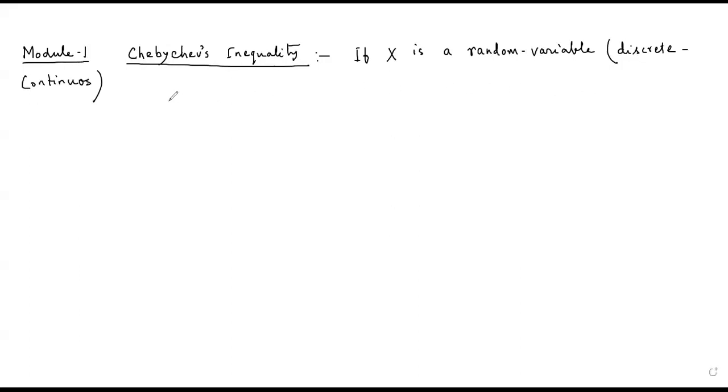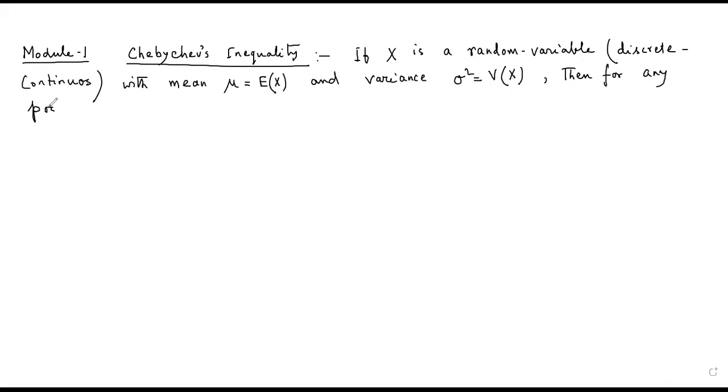So if X is a random variable, discrete or continuous, with mean mu, which we actually denote by expectation of capital X, and variance sigma square, which we denote by V of X. If a random variable is defined in this particular way, then for any positive number, remember this statement is very important.